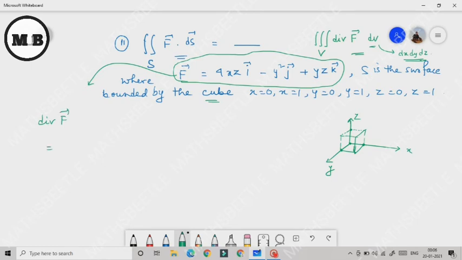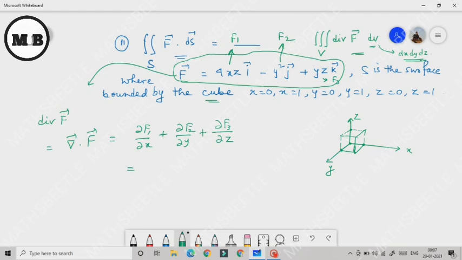Divergence means del dot this, so del f1 del x plus del f2 del y plus del f3 del z, where this component is f1, this is f2, this is f3.